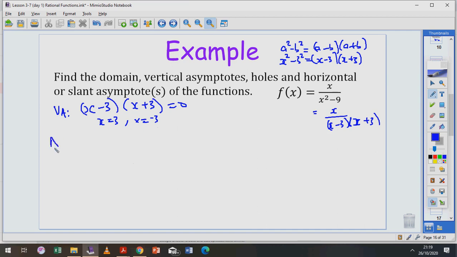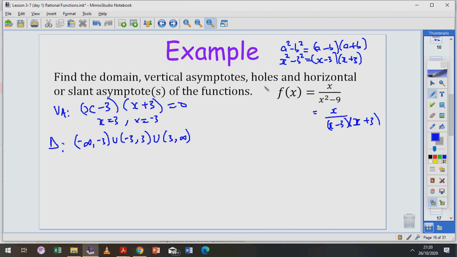So that means that the domain is all real numbers, from negative infinity up to negative 3, then from negative 3 up to 3, union from 3 up to positive infinity. This does not include either of those values because they're not in the domain, but all other real numbers are part of the domain.